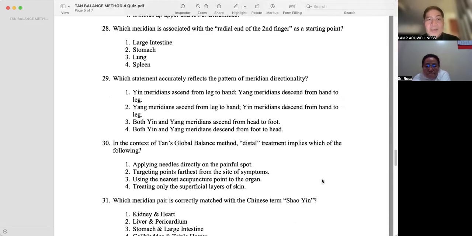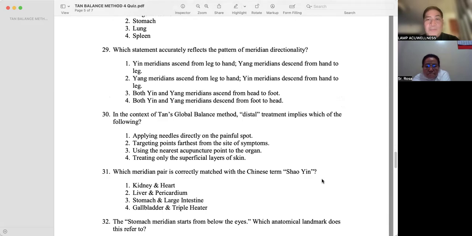Large intestine. Which statement accurately reflects the pattern of meridian directionality? Yin meridians ascend from the leg to the hand. Yang meridians descend from the hand to the leg.